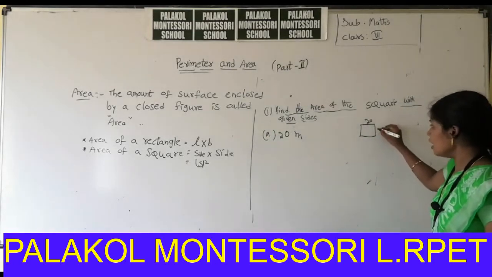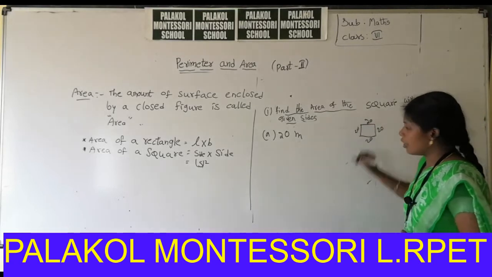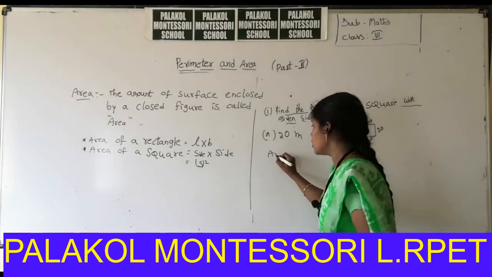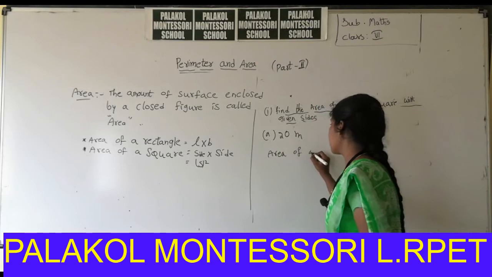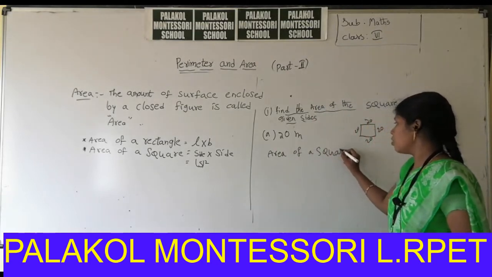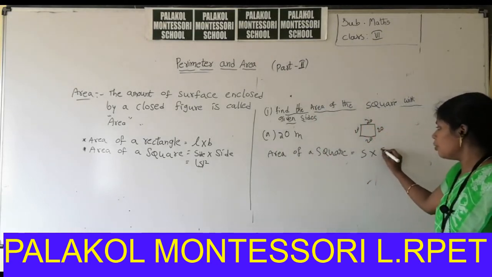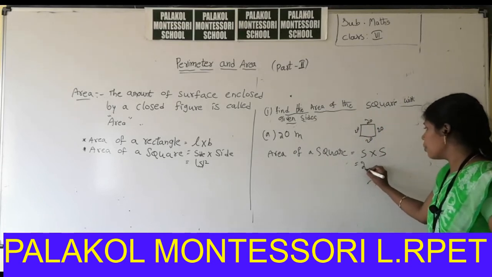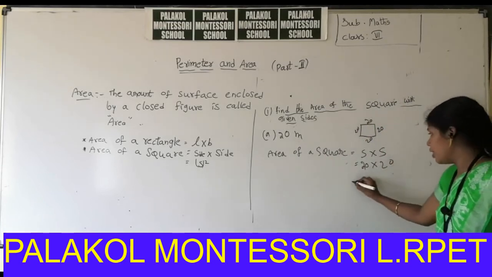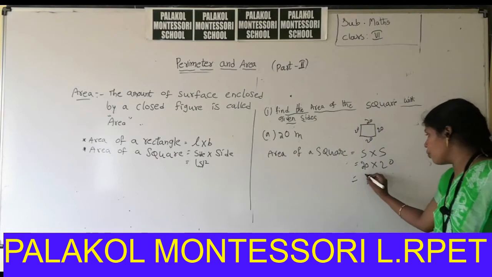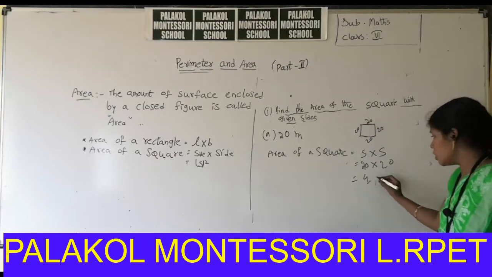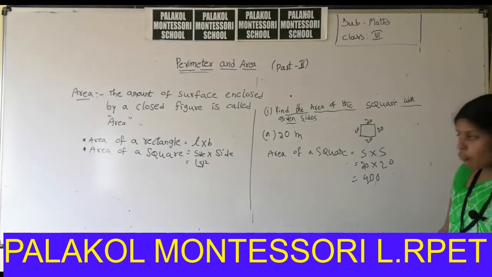So this is 20, and the remaining sides are also 20. So area of a square is equal to side into side, that is 20 into 20. So 2 2s are 4. How many zeros are there? 2 zeros are there. That is 400.